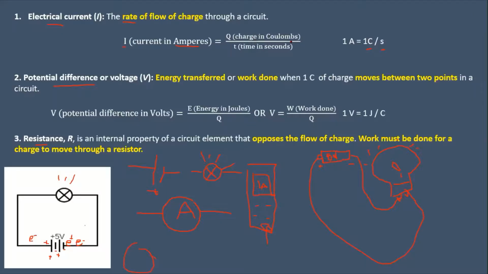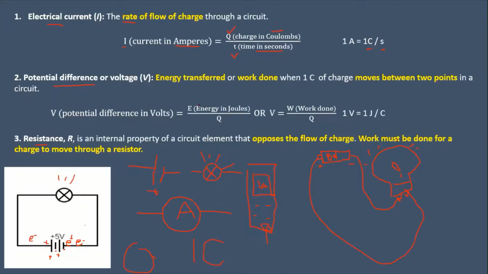So we might say an electron with a charge of 1 coulomb, meaning that electron has a charge of 1 coulomb, and then the time is in the circuit. So if you're given a charge, for example, they say calculate the current in this circuit, and they have given you the charge and the time, you must make sure that the time is in seconds and the charge is in coulombs. Then you'll be able to calculate it.